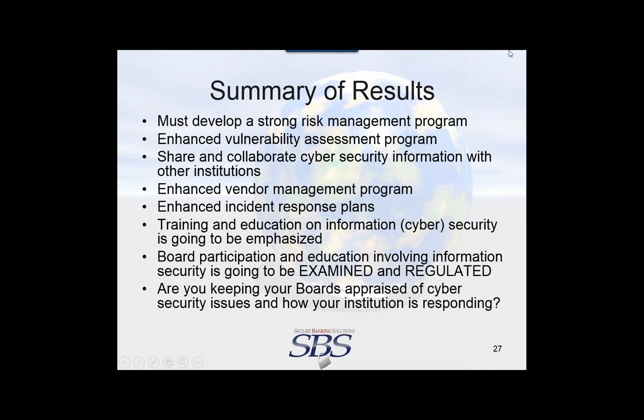So about 8% of the U.S. banking system. They looked at about 8% of the banks that were under $1 billion in asset size. And through the 500 bank assessment, they've summarized the results of their findings.